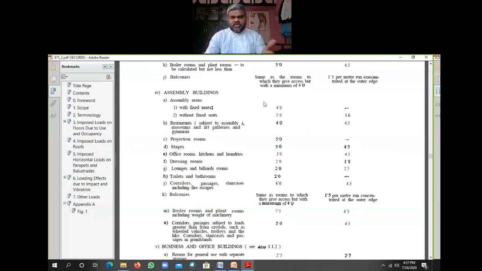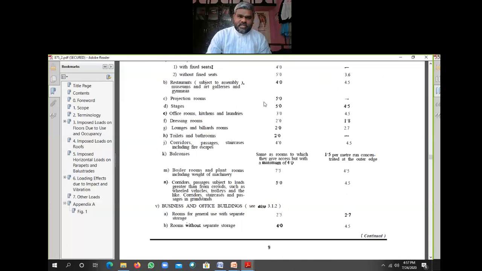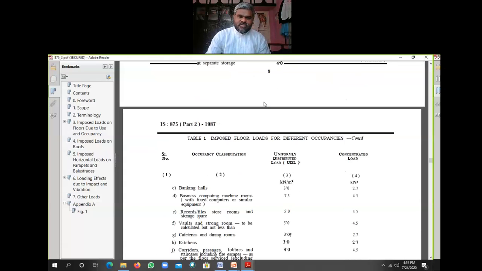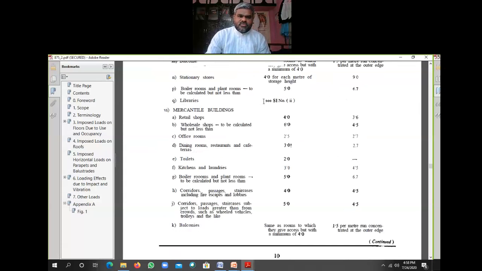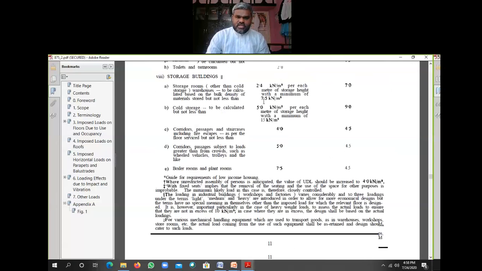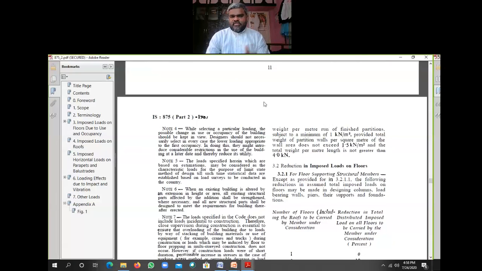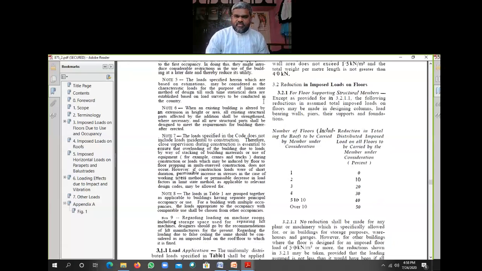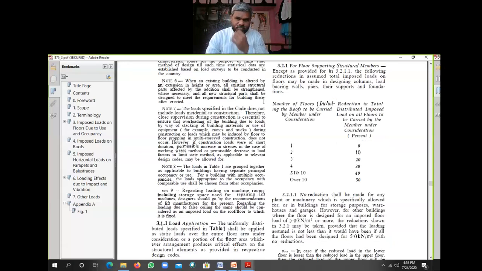See assembly buildings. How buildings are classified as per NBC, the same fashion is shown here. Assembly buildings, educational buildings, business offices, mercantile buildings, industrial buildings, storage buildings, right? Likewise, the values have been given in code IS 875 part 2.